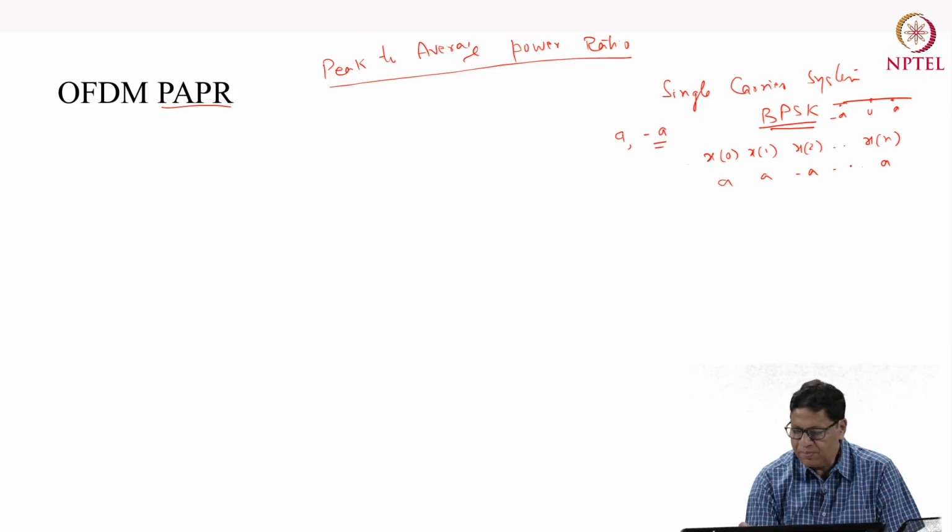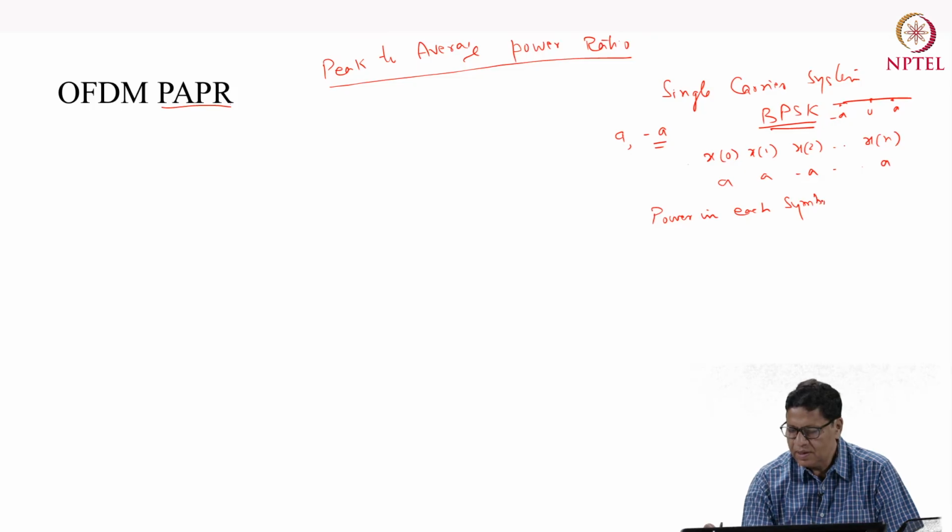So if you see the power in each symbol, it is A square. A is the amplitude, and the power in each symbol is A square. And if I calculate the average power, because this is peak to average power, so this is the peak power in each symbol.